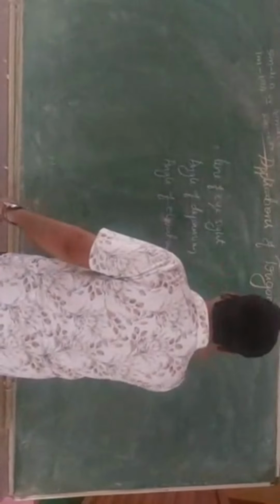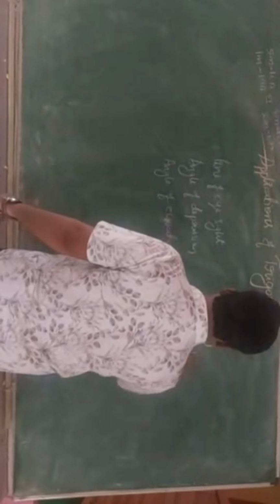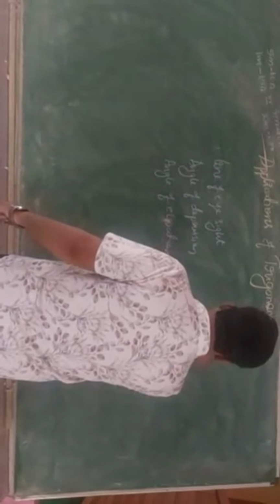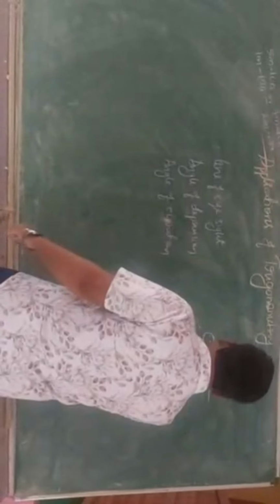So draw one diagram here, a neat diagram. So here is the eye, and the line which is horizontal to the eyesight.